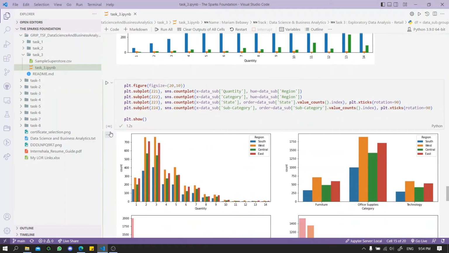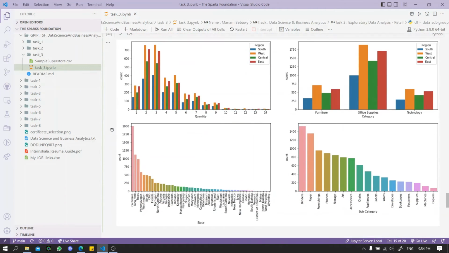Then we move on to plotting according to the region and the categories in our sales. For example, here we can see that the sales are highest at quantity 2 and 3 with respect to the regions right here.